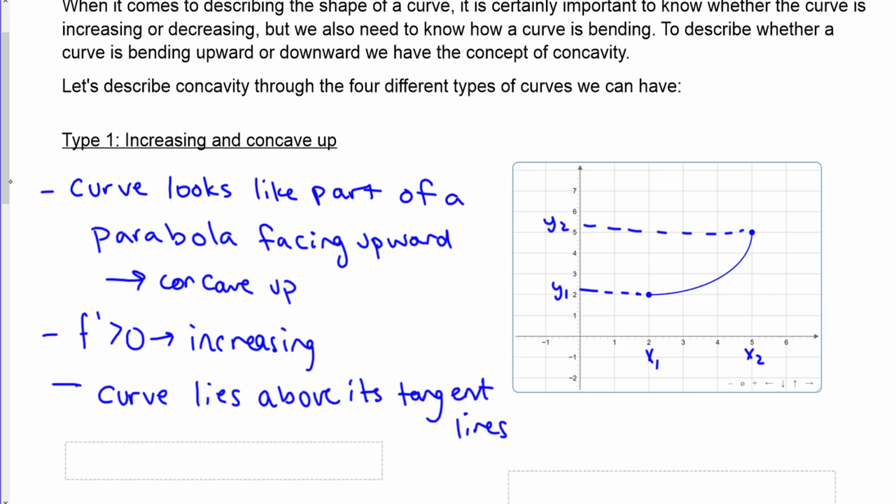And to show you what that means, if I pick some point on this interval and I draw a tangent line to the curve at that particular point, on this entire interval where I'm concave up, the curve is entirely above the tangent lines. So that is an aspect that we have of curves that are concave up.